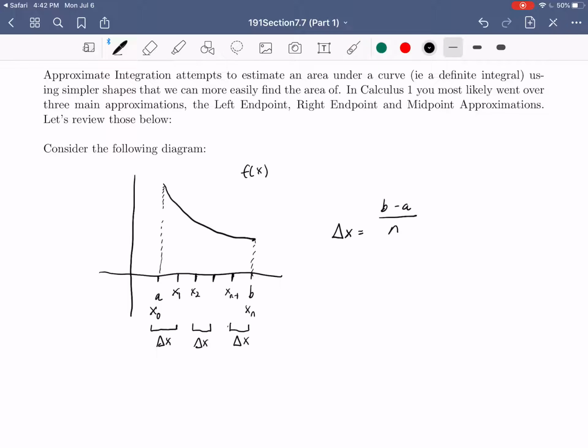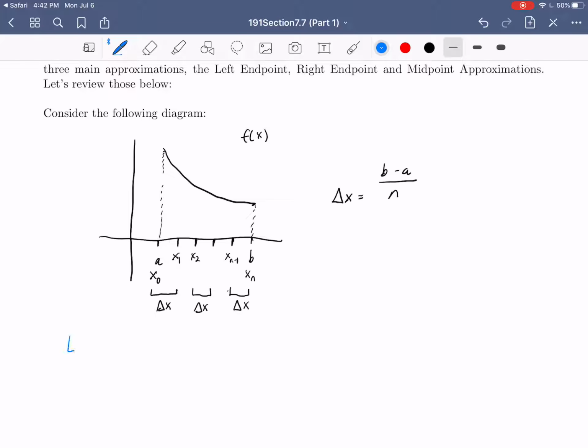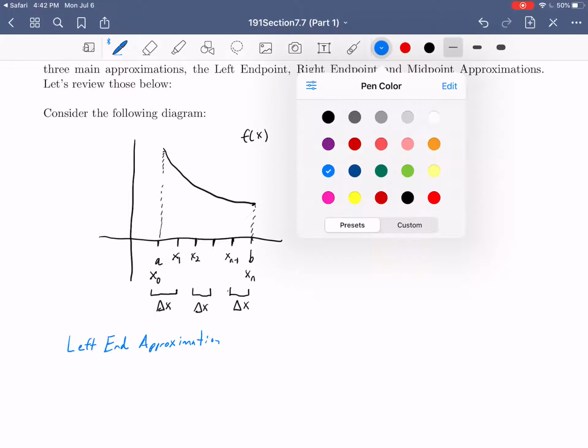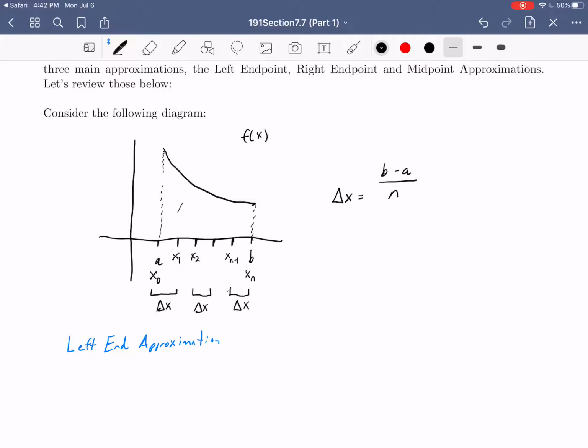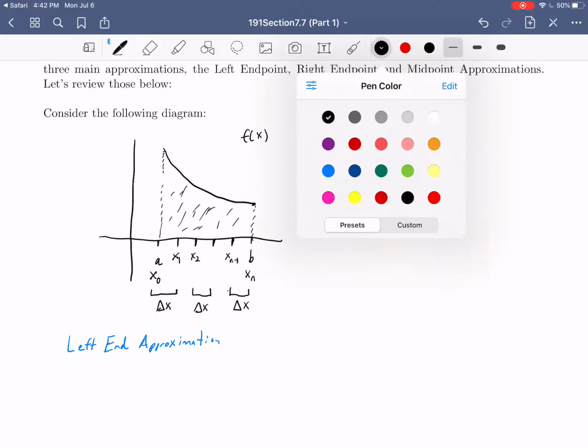So let's start off by talking about the left endpoint approximation. What it attempts to do is make a series of rectangular approximations to the area under the curve. Remember that the area that we're trying to estimate here is this stuff here, the area under this curve and above the x-axis.